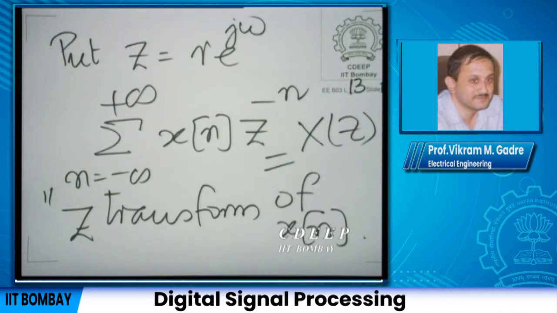So, of course, a z transform, unlike the discrete time Fourier transform, is a function of a complex variable. The discrete time Fourier transform was a function of a real variable omega. In fact, there is a relationship between the z transform and the discrete time Fourier transform.